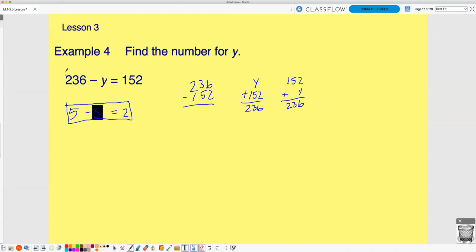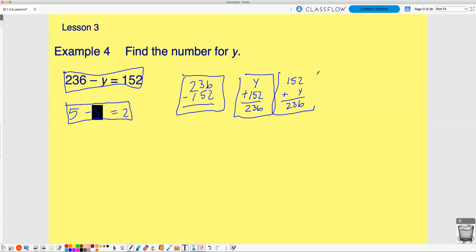So you have a fact family, which is 4 equations basically. And there's only one of those that actually determines what y is. That's this one right here, 236 minus 152.